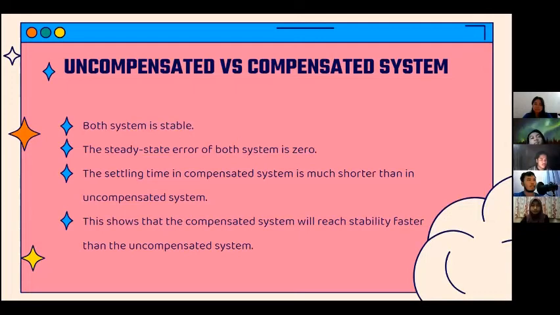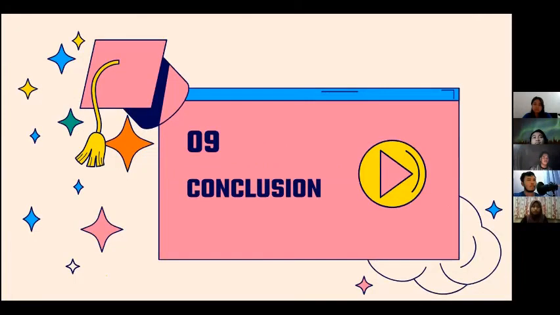The settling time in the compensated system is much shorter than in the uncompensated system. This shows that the compensated system will reach stability faster than the uncompensated system. Okay, that's all from me.